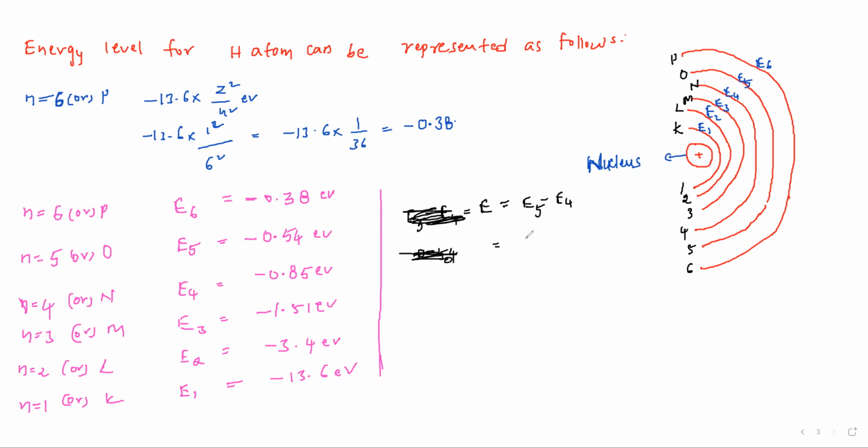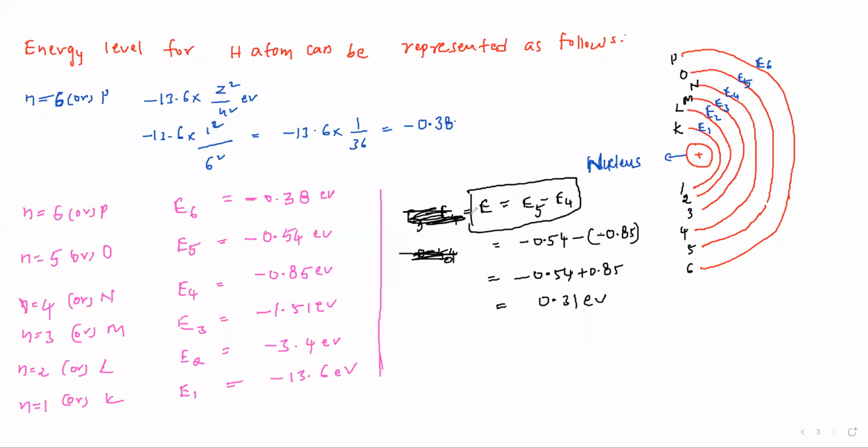That means minus 0.54 minus of minus 0.85, so minus 0.54 plus 0.85, right? Because minus into minus is plus here. So the answer we get is 0.31 electron volts. This is the difference between two energy levels. Is it clear?